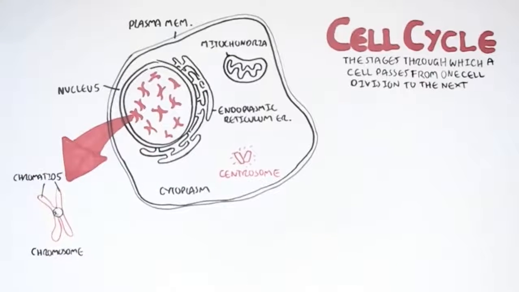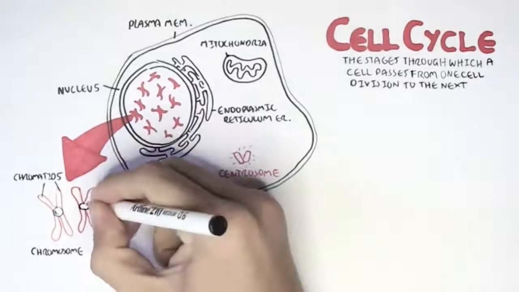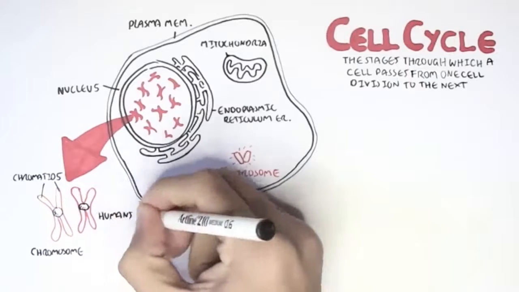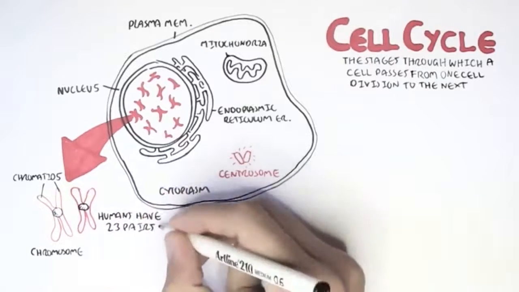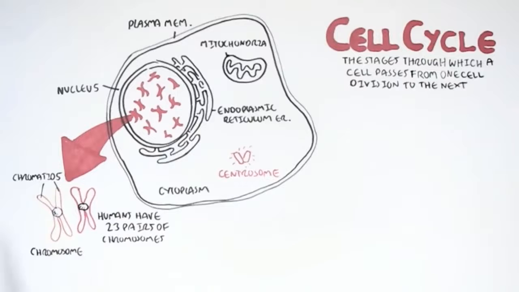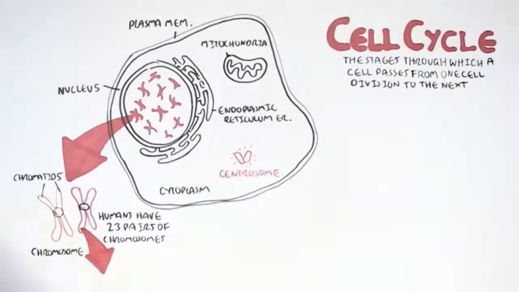Here is another chromosome with two chromatids. So here I drew essentially one pair of chromosomes, or two chromosomes. Humans actually have 23 pairs of chromosomes, which means that we have 46 chromosomes, because 23 times 2 is 46.